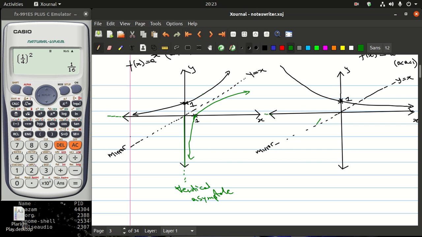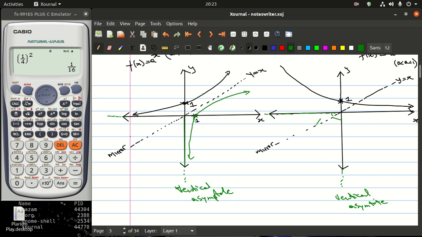This was a horizontal asymptote, but when you look into the mirror, this angle should be the same. In other words, this line here will become this line there. So the x-axis will become the y-axis. The horizontal asymptote will become the vertical asymptote. So we have a vertical asymptote here.